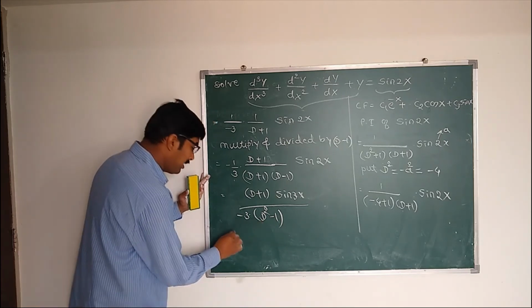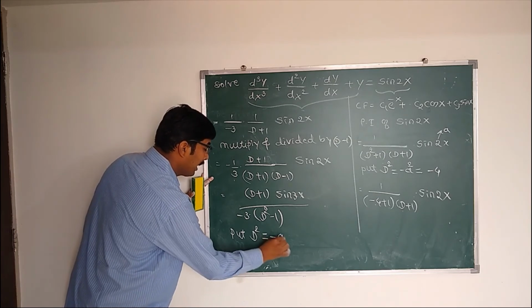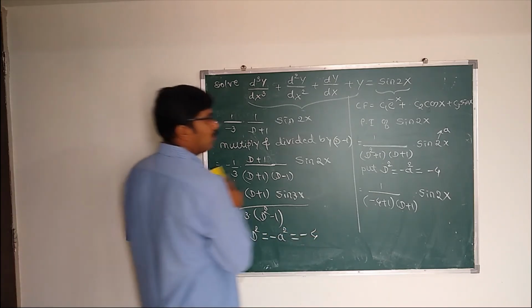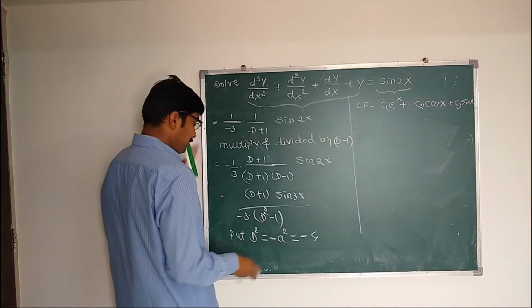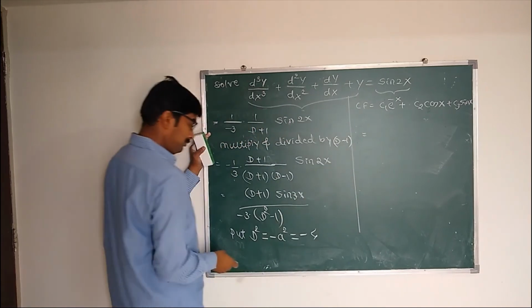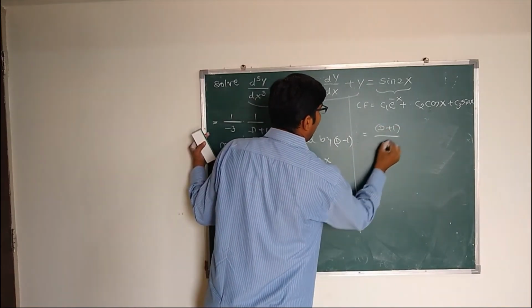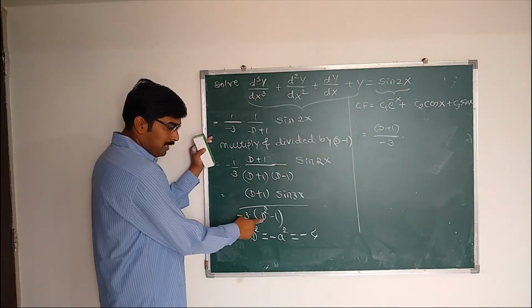Now we have D square, so put D square is equal to minus a square, which is minus 4. That is D plus 1 divided by minus 3 into 1 divided by D square minus 1.